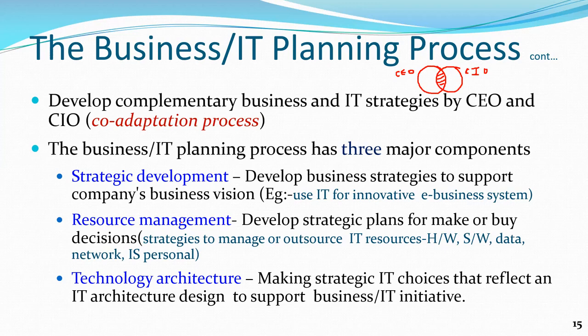There are strategies to manage or outsource IT resources. It's not only hardware; it might be software, data networks, or IS personnel. Sometimes you might not have, say, an AI scientist or an artificial intelligence expert in your organization. In that case, you might hire somebody from outside the industry.